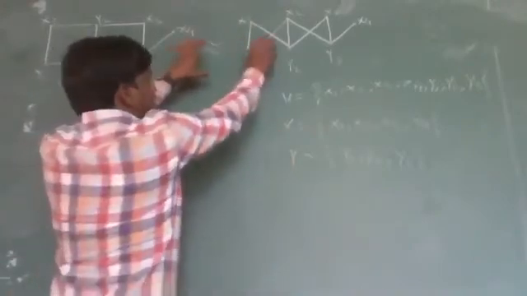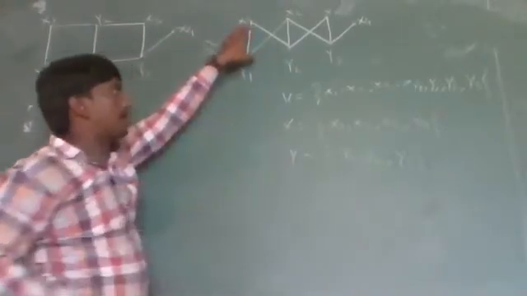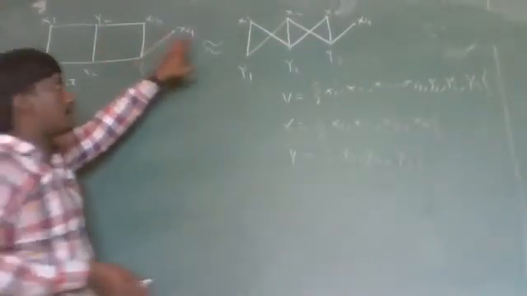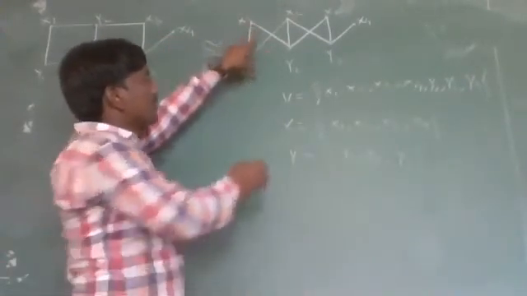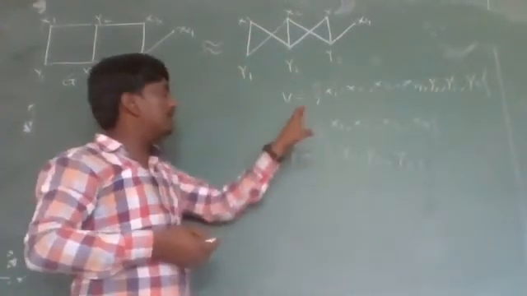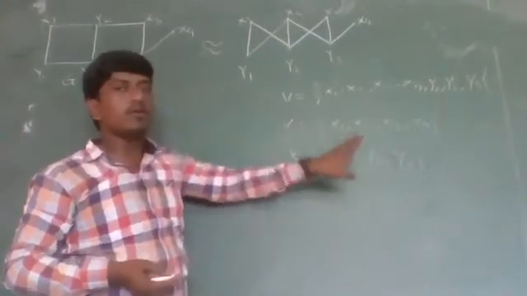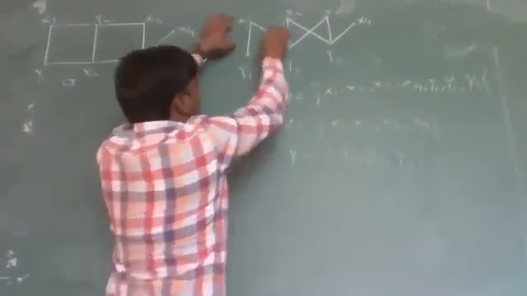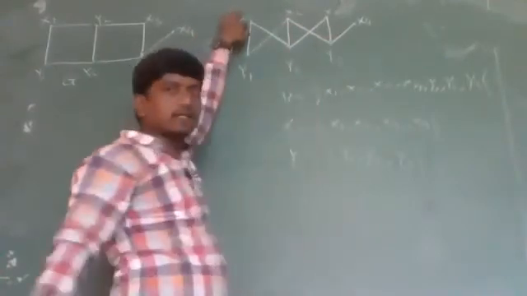Now we have to check whether this bipartite graph is a complete bipartite graph. By the definition of complete bipartite graph, we have to find the two subsets X and Y of vertex set V such that each vertex in X is joined to every vertex of Y. Here x1 is joined to vertices y1 and y2, but x1 is not joined to vertex y3.